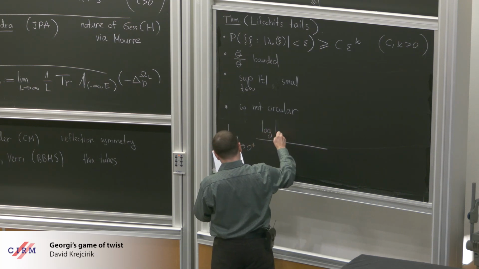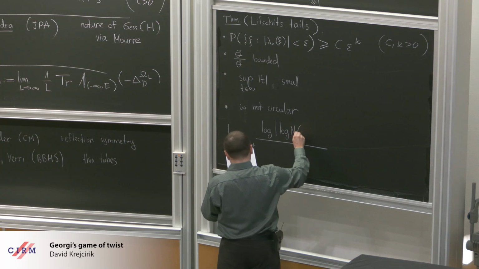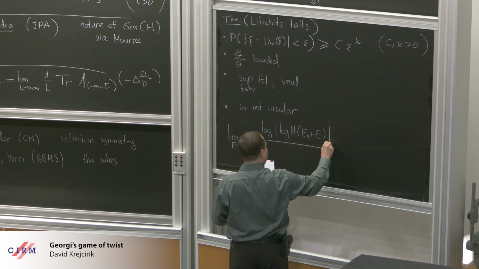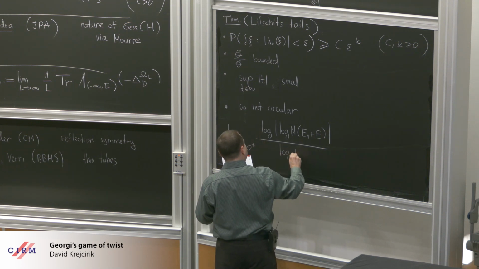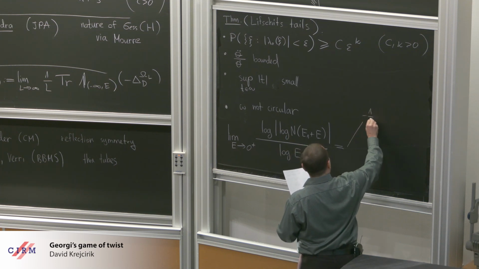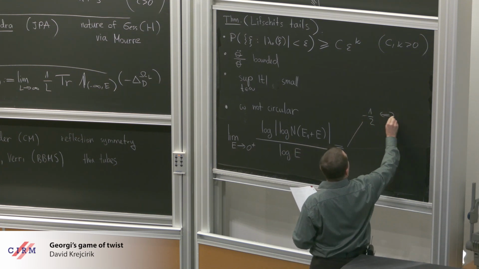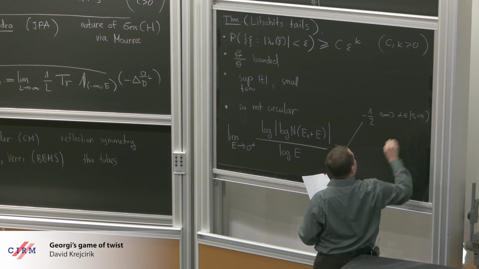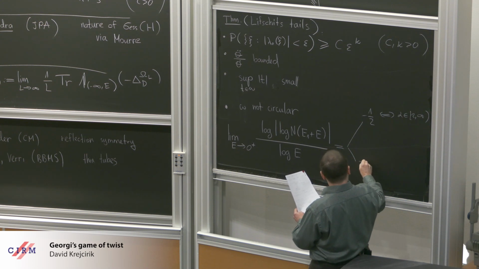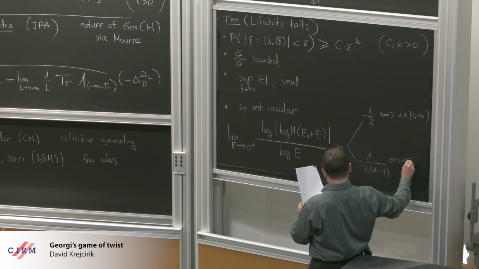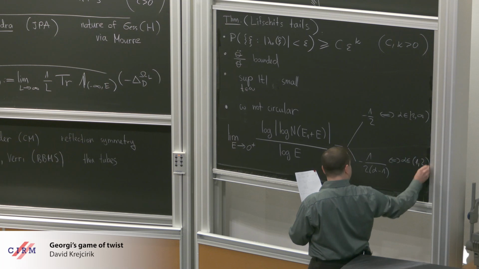The log of N(E1 plus E) divided by log E is equal to minus 1/2 if alpha is between 0 and 1, and it will be minus 2 alpha minus 1 if alpha is between 1 and 2.